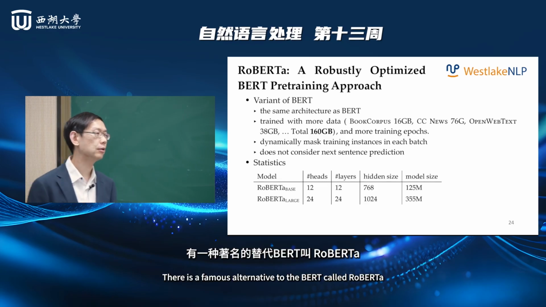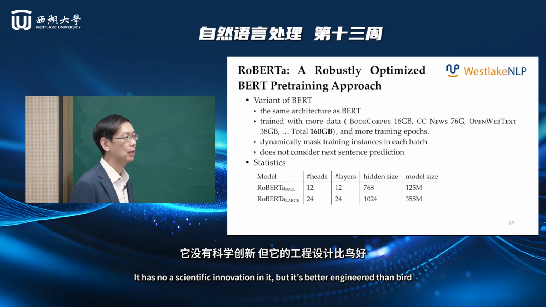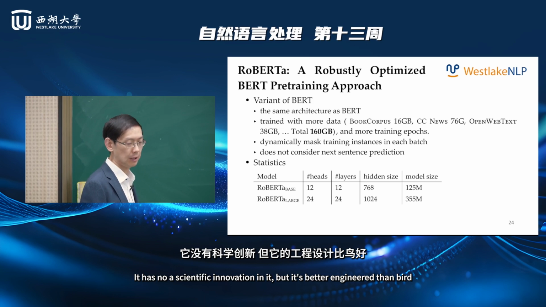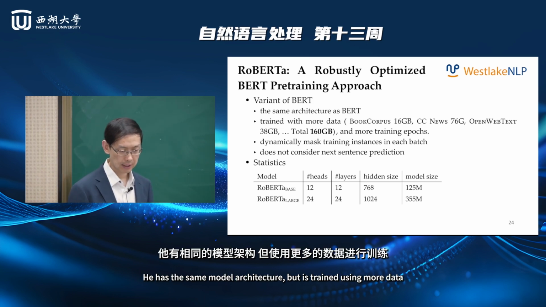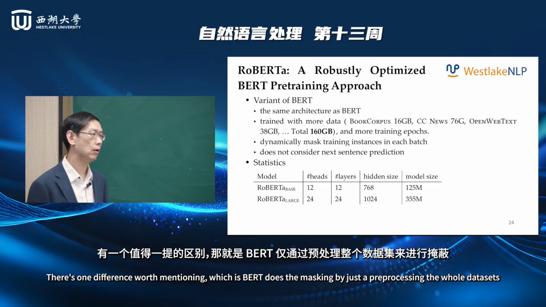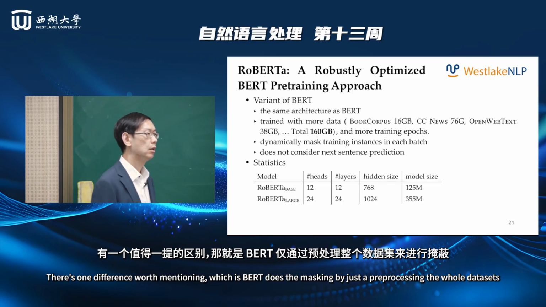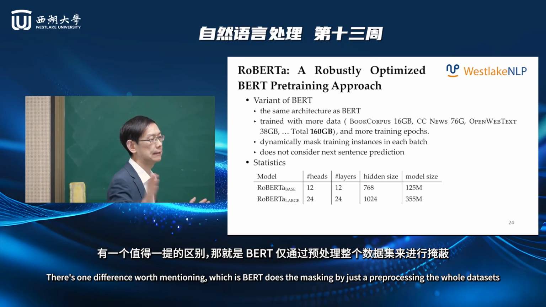There is a famous alternative to BERT called Roberta. Okay? It has no scientific innovation in it, but it's better engineered than BERT. It has the same model architecture, but it's trained using more data. There's one difference worth mentioning, which is BERT does the masking by pre-processing the whole data set.